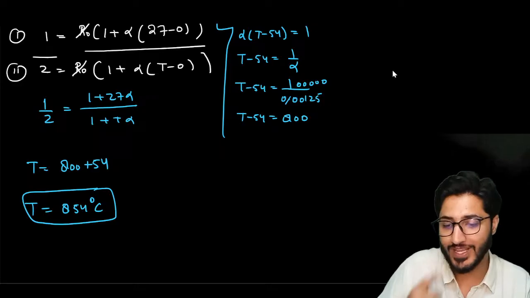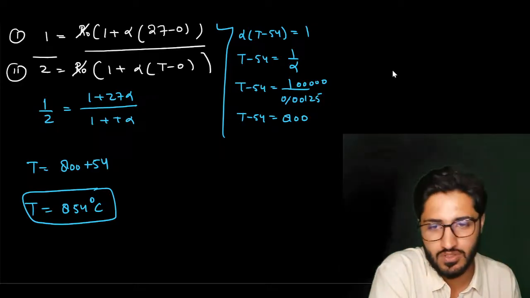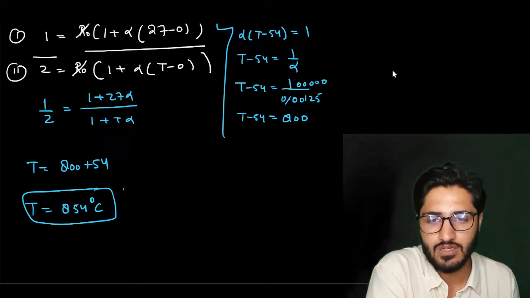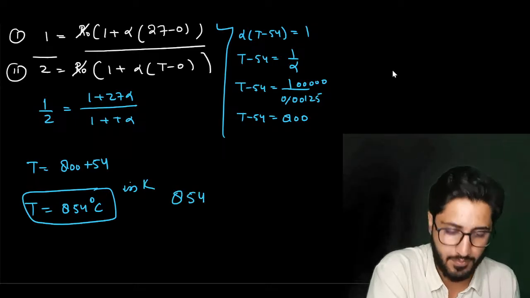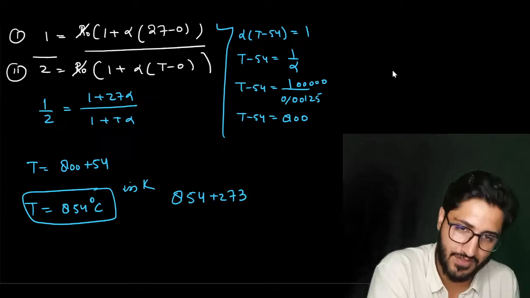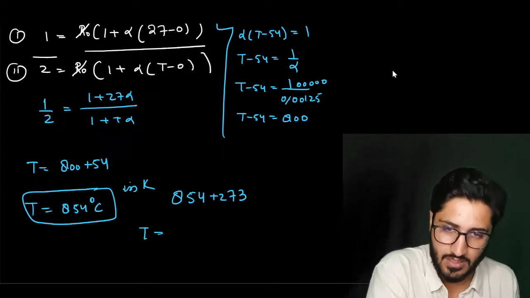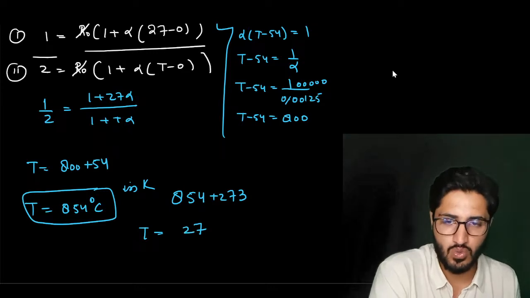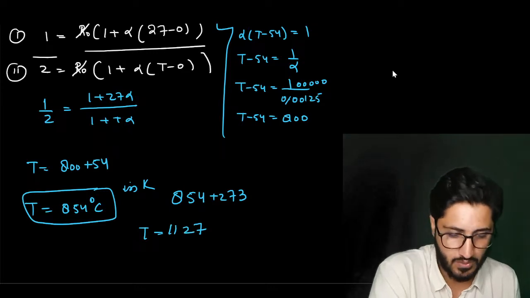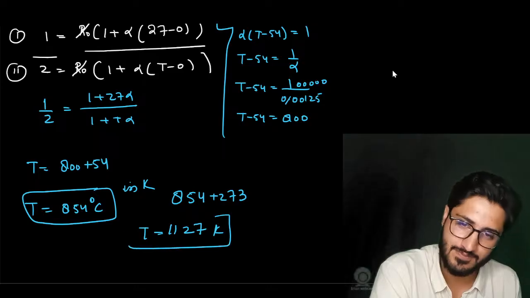If you want to get it in Kelvins, what do you need to do? In Kelvin, I will write 854 plus 273. It is 1127 Kelvin.